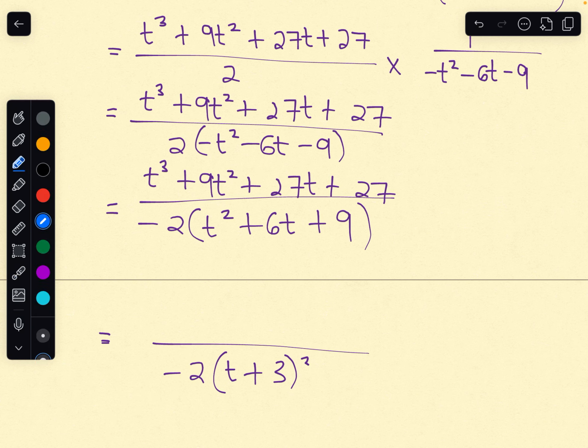So let's quickly see. Minus 3 cubed plus 9 times minus 3 squared plus 27 times minus 3 plus 27.